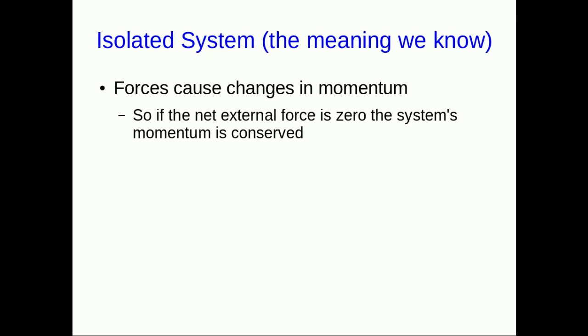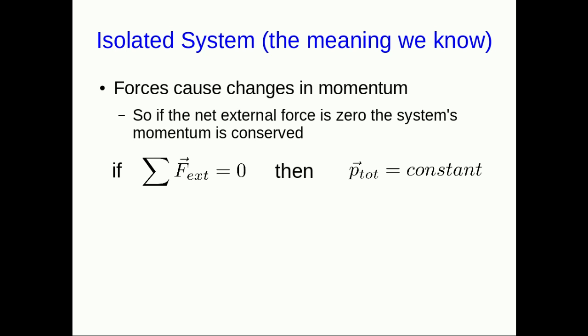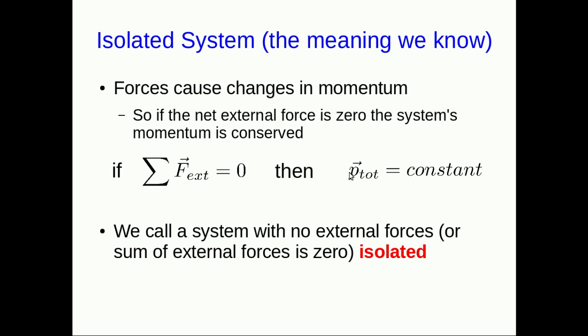And so if all those external forces add up to zero, the system's momentum is conserved. It doesn't change. If the sum of all the external forces acting on the system is zero, then the momentum of the system is a constant. That's the law of conservation of momentum. And we call a system like that isolated.